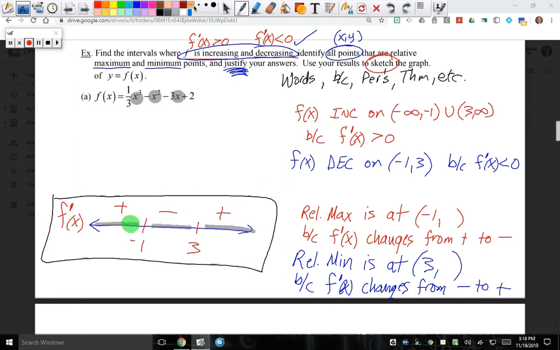Okay, here we go. I have 1/3, negative 1, negative 3, 2, and I'm trying to see what I would get when I plug in a negative 1.